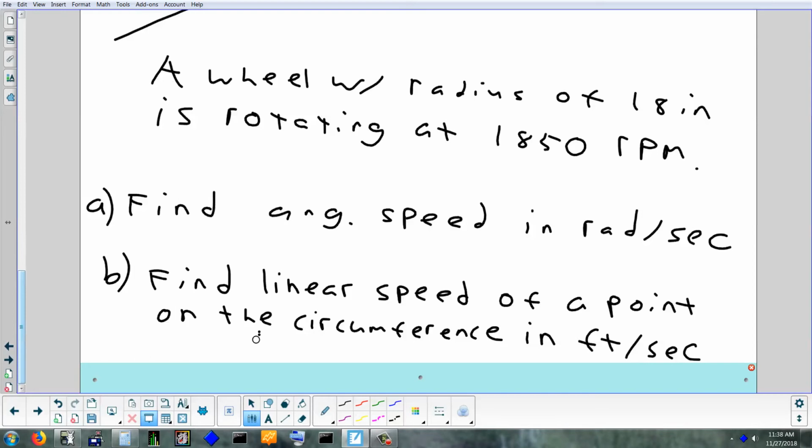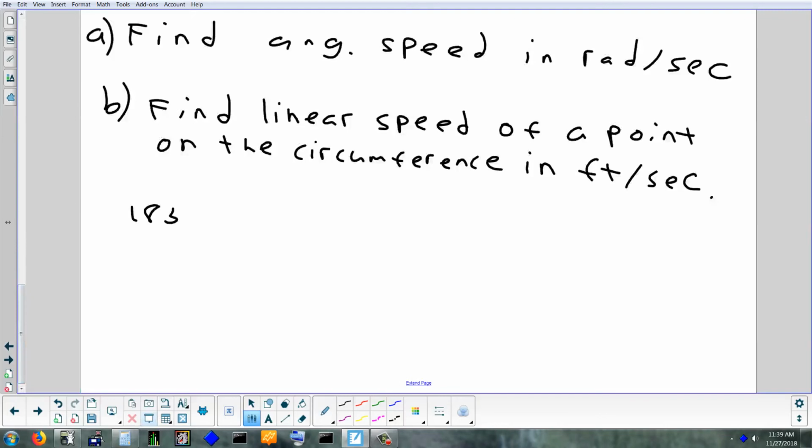Okay, so let's just start with what we're given. 1,850 RPMs. All right. Well, they want me to get seconds, so let's just get that out of the way.